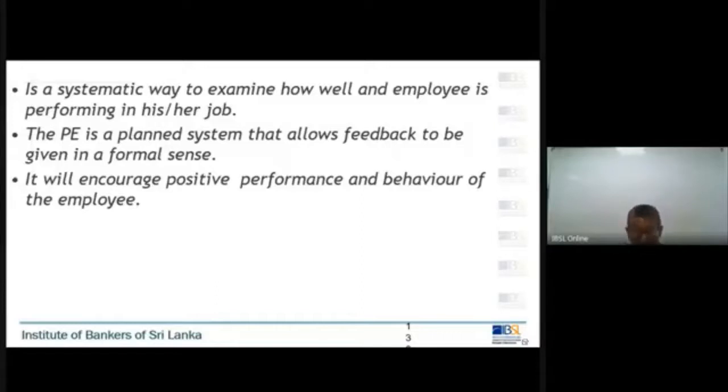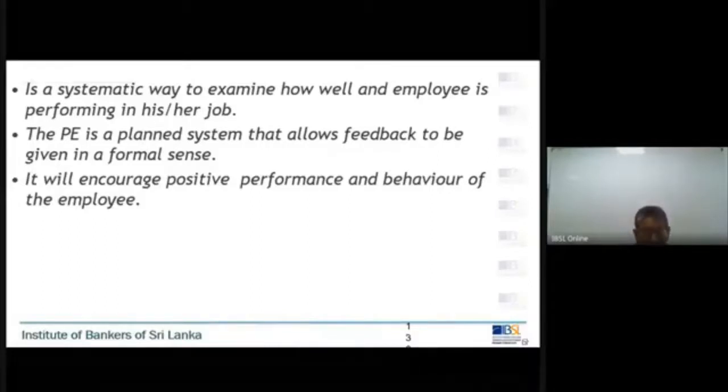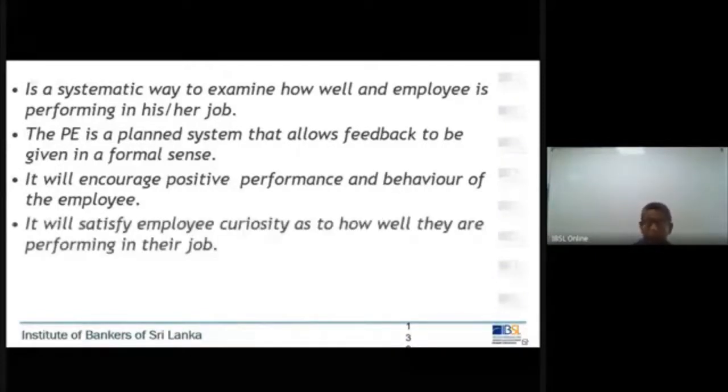Don't take much leave. But on the other hand, if your performance is positive, you are motivated to work more because you are doing a good job, and you try to do more than what you are doing. Okay, right. So remember, it will satisfy employee curiosity as to how well they are performing in their job.